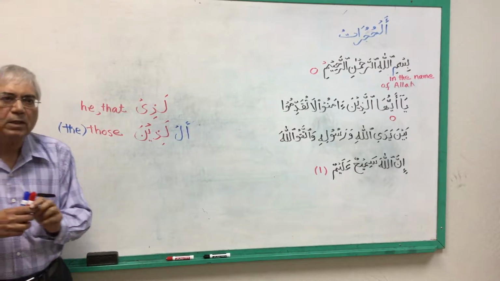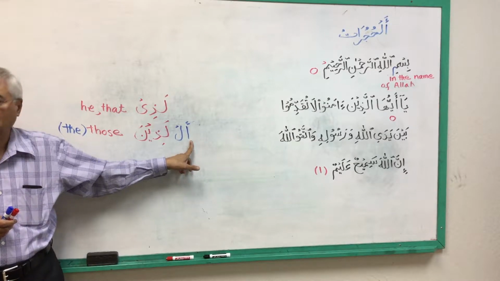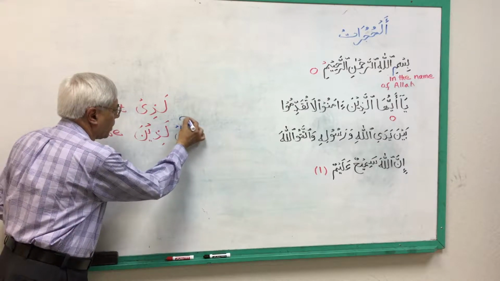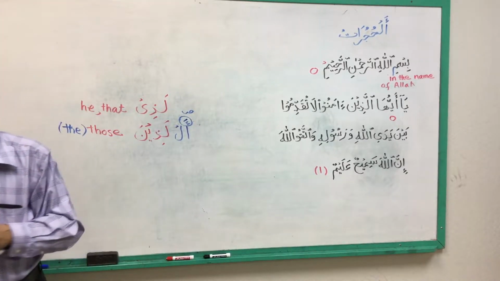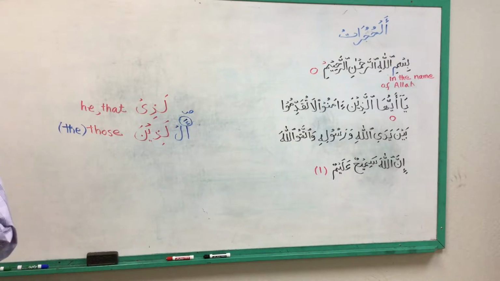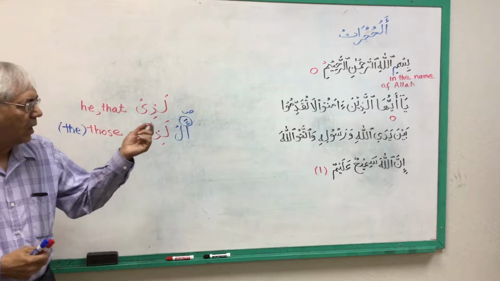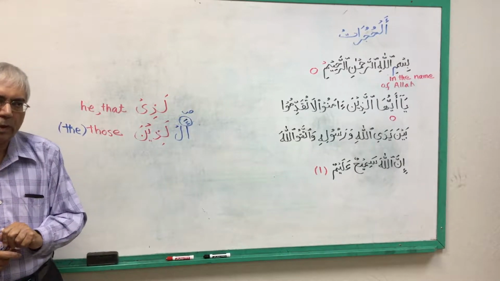When you recite together, the Alif of this Al will become Hamzatul Wasl. And that's how it is in the Quran. If you notice, when reading Ya Ayyuha and Alladhina together, the Alif of Al became a Hamzatul Wasl.